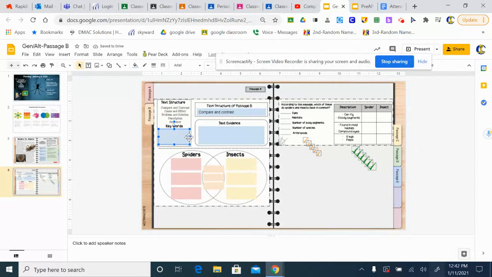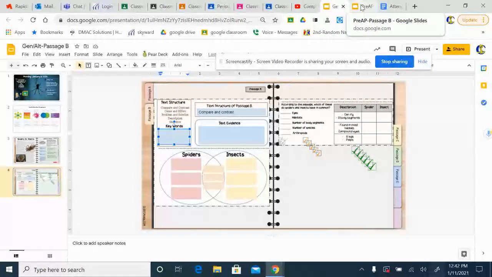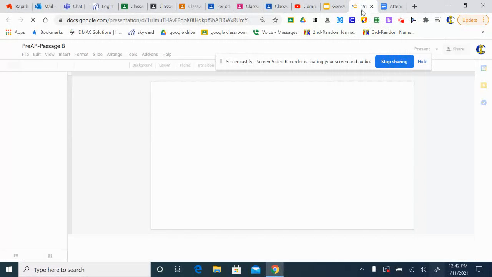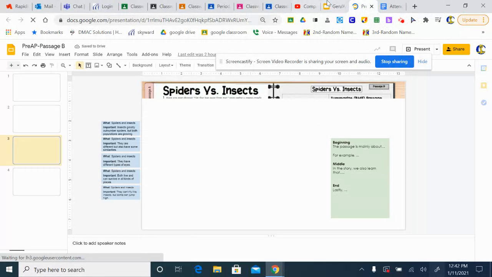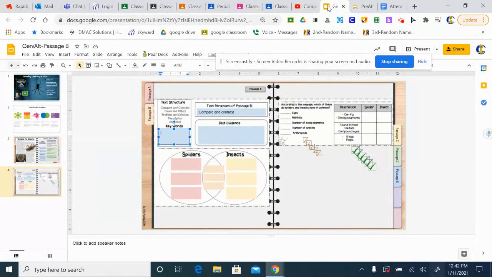Now over here on the next section where it's asking for what type of keywords are used in there, those are the keywords you find throughout the readings. What kind of words helped you to know that it's going to be compare and contrast?